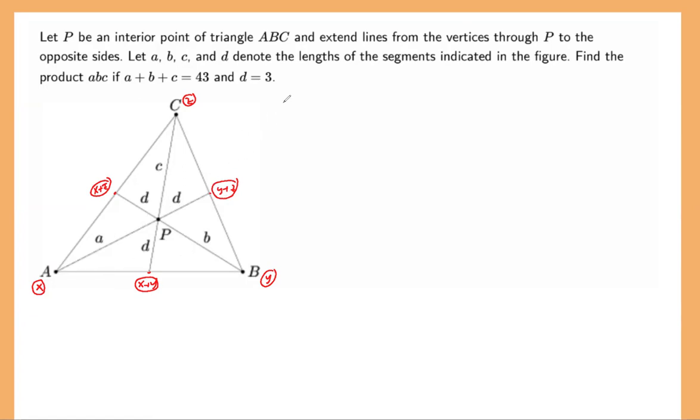So X times A is equal to D times Y plus Z. And if I use the same thing for this line segment, B times Y equals D times X plus Z.